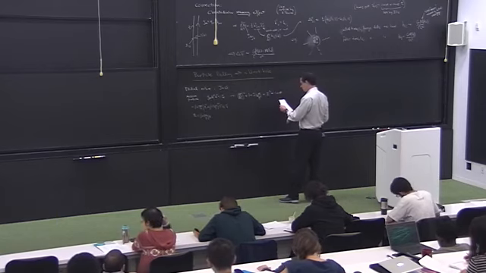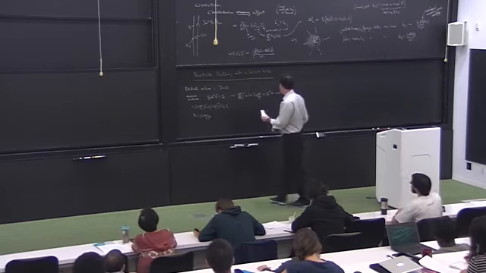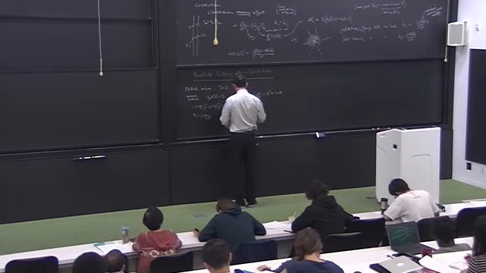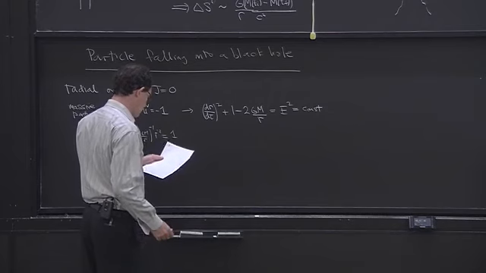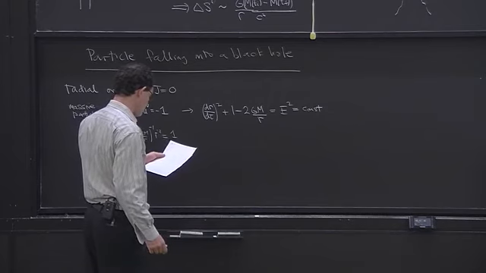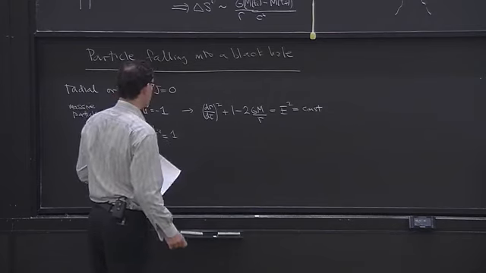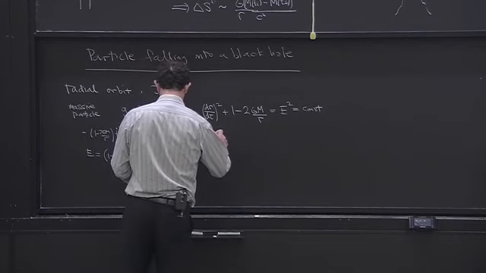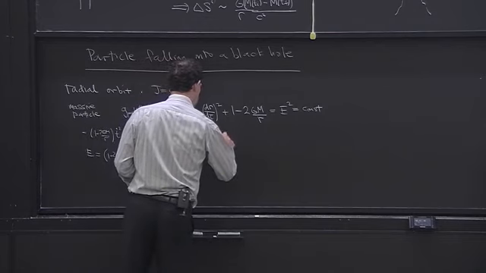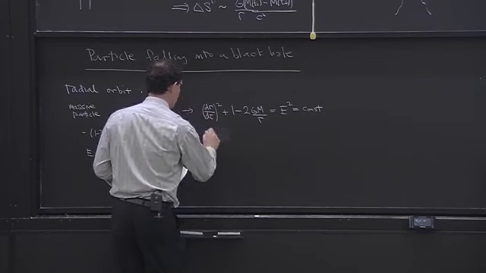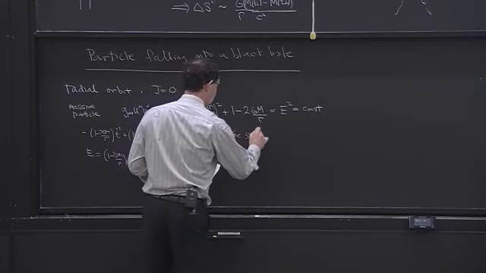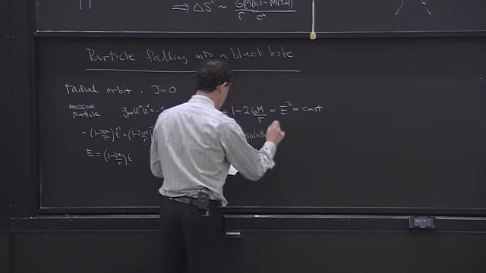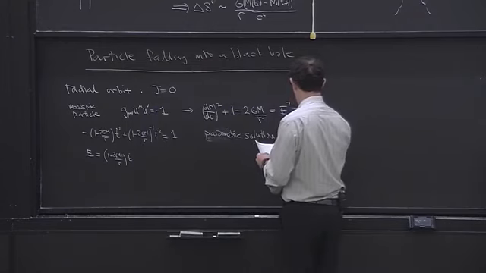So the solution to this equation, it's a nonlinear equation, but it can be solved exactly. There's a parametric solution, and I'll just write it down. You can check it if you like.